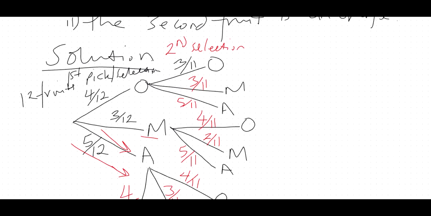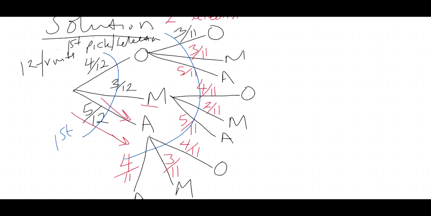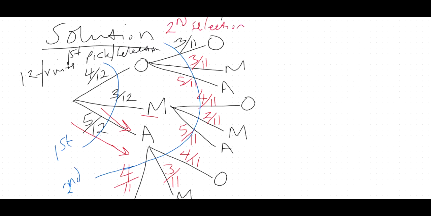So the whole of this will denote the second selection. This here was the first. So first, okay. Then now this one here is the second. Okay, and that is why it is called a tree, because it looks like branches. You have branches spreading.